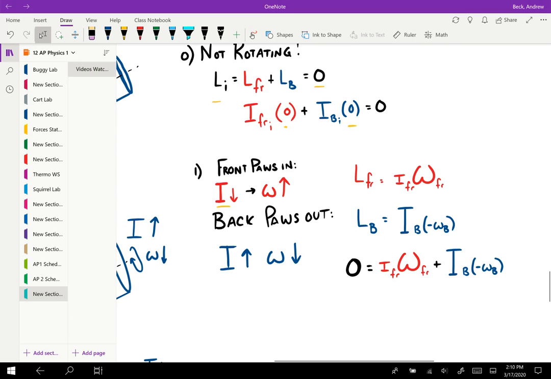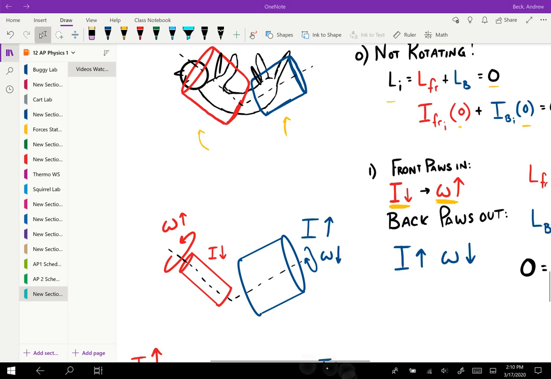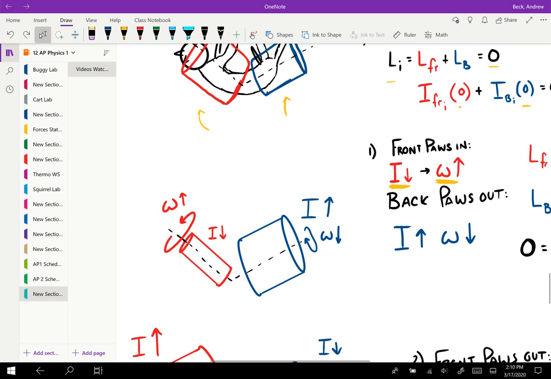So before, it had some rotational inertia and a little bit of angular velocity, but now it has to be conserved. If we decrease our rotational inertia, our rotational velocity has to go up. So the cat brings its paws in and it's able to get a good amount of rotation, to spin quite a bit in order to make sure that that half starts to face downwards.